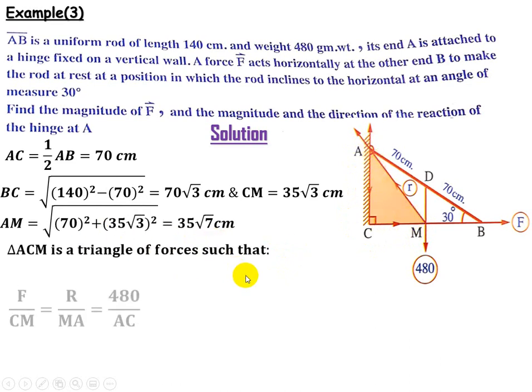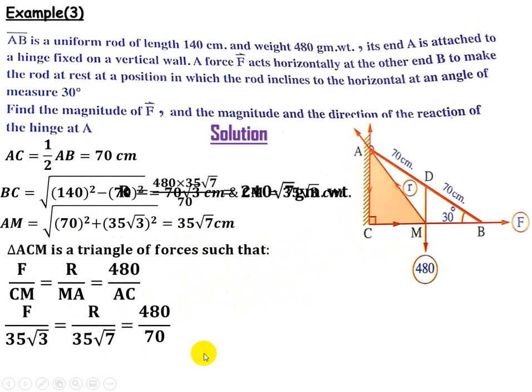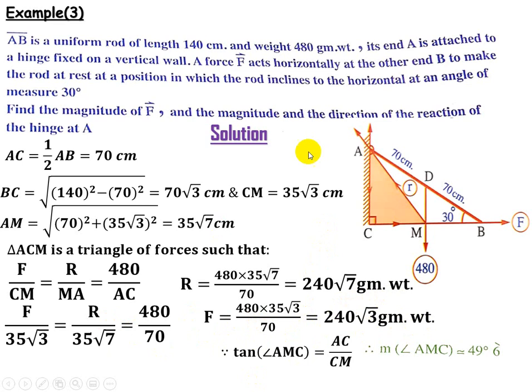Applying the triangle of forces rule, F over CM, R over MA, and 480 over AC. So F equals 240 root 3 gram weight and R equals 240 root 7 gram weight. And he needs now the direction of the reaction.